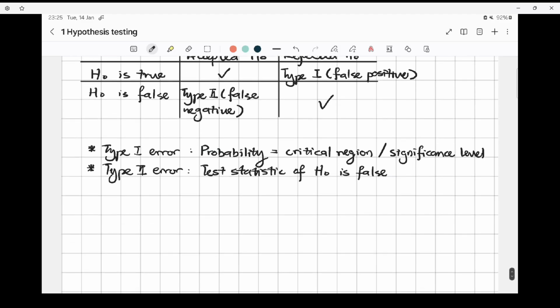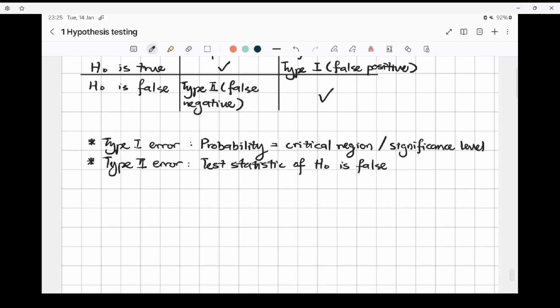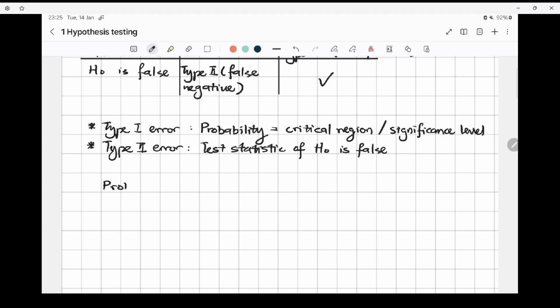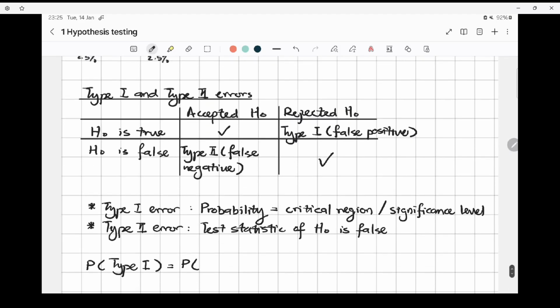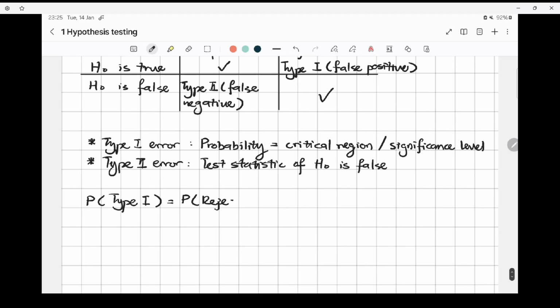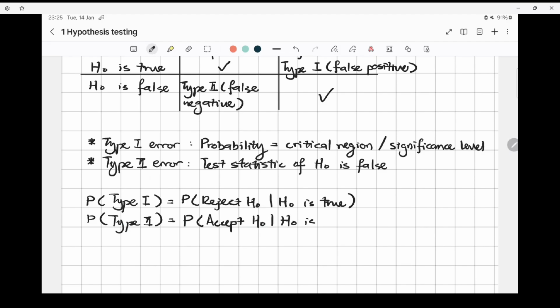So the probability for type 1 and type 2 error is basically like this. Probability of type 1 is just your conditional probability of reject H naught, provided that H naught is true. The probability for type 2 error is just the probability of accept your H naught, provided H naught is false.